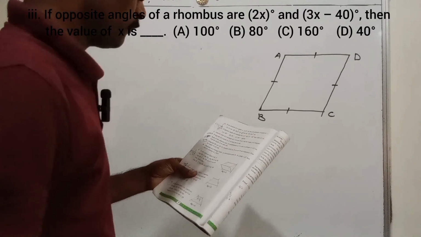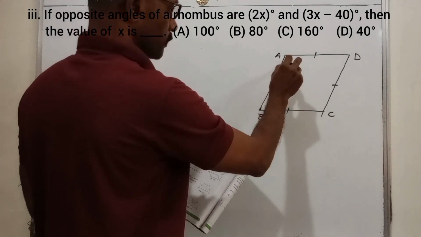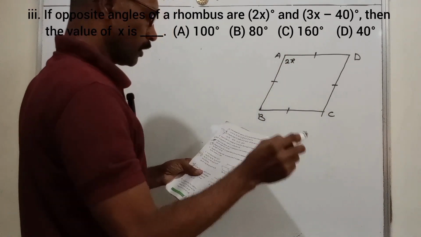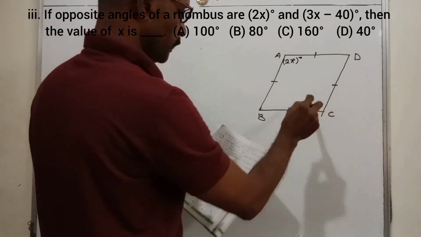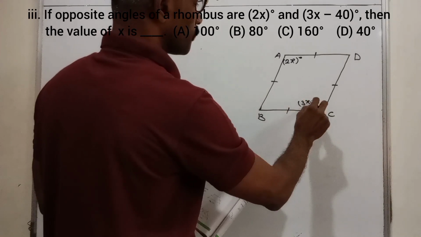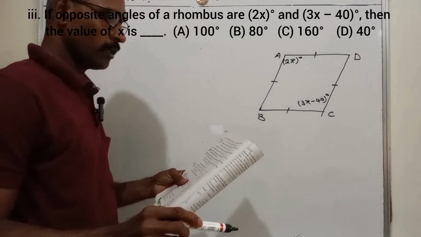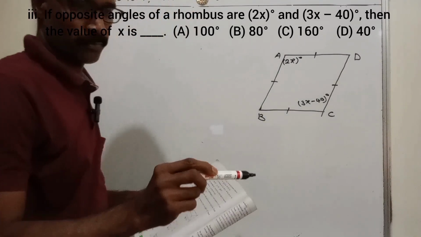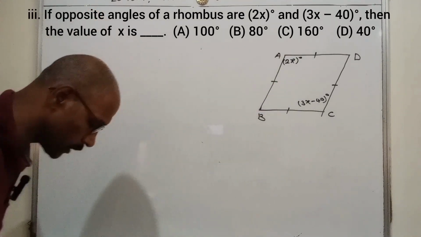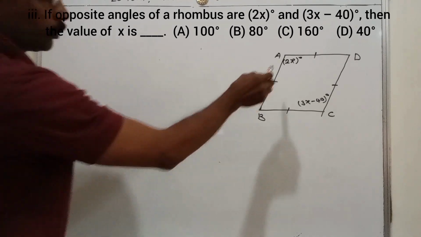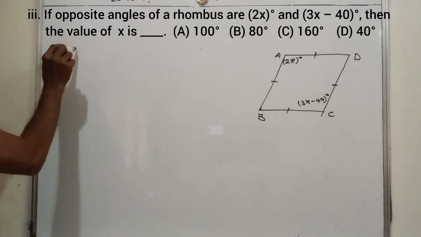Example number 3. If opposite angles of a rhombus are 2x degree and 3x minus 40 degree, then the value of x is. Now this is a rhombus. We know the characteristics of a rhombus regarding angles.